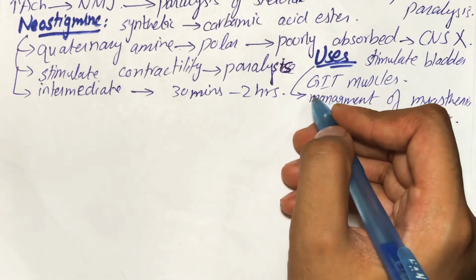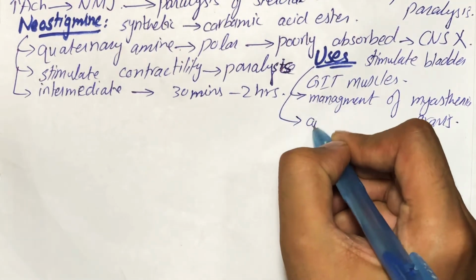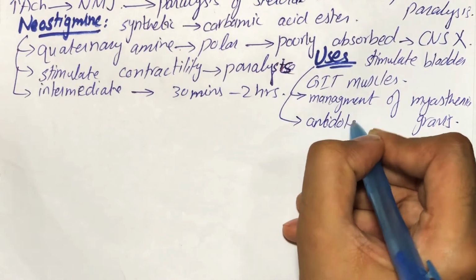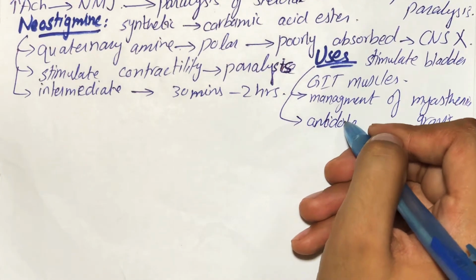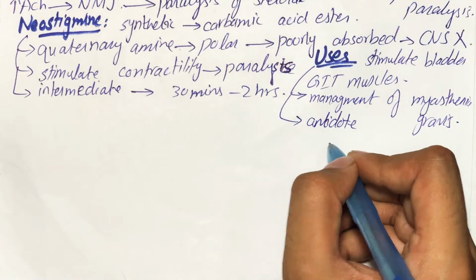Other than that, Neostigmine is also used as an antidote of competitive neuromuscular blockers.